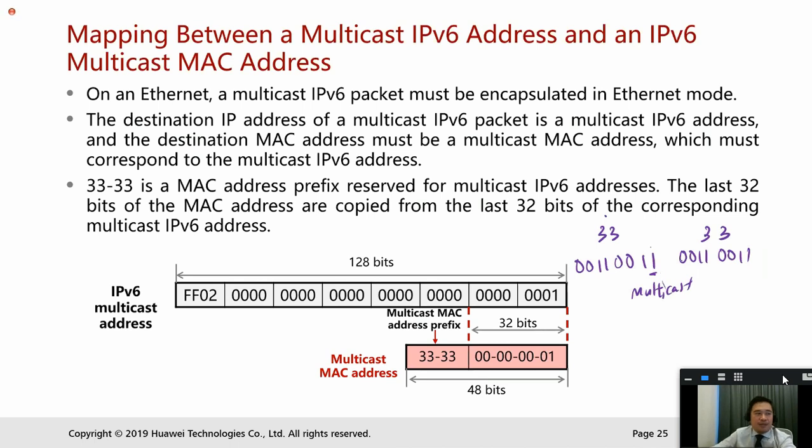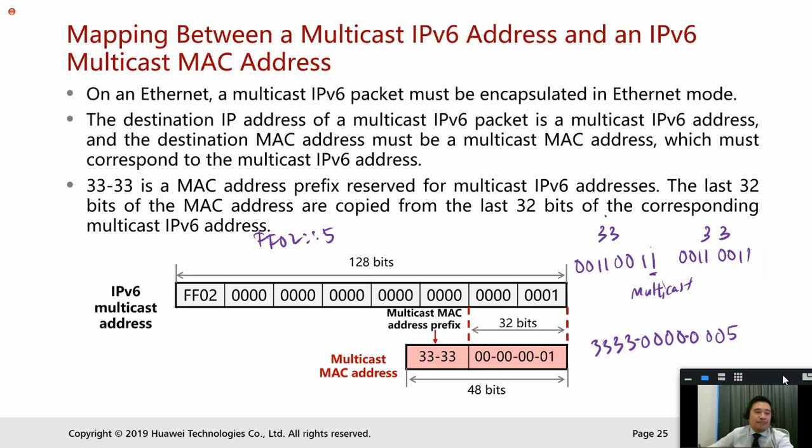Let's say your multicast address is FF02::5, what will be your multicast MAC address? It will be 33:33:00:00:00:05.